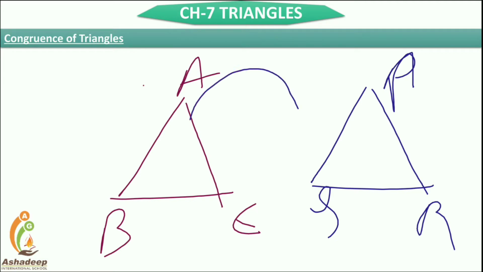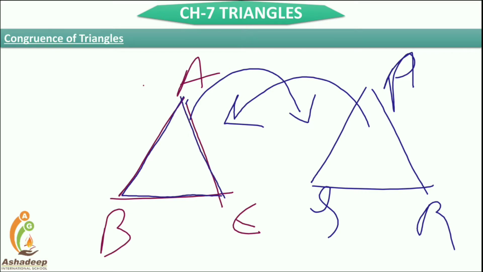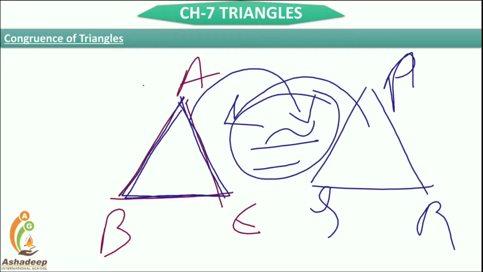If I put this triangle PQR onto this triangle, this is the PQ, this is the QR and this is the RP. So both the triangles are same to same, with the same size and the same shape. That's why we can say both the triangles are congruent triangles.